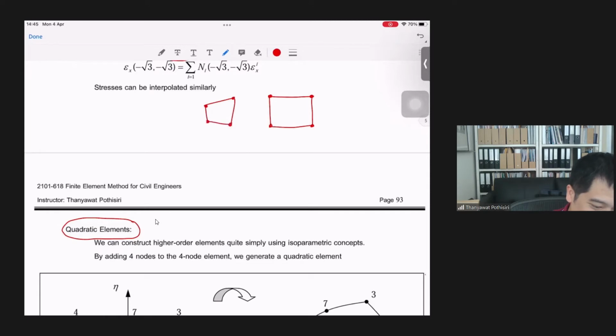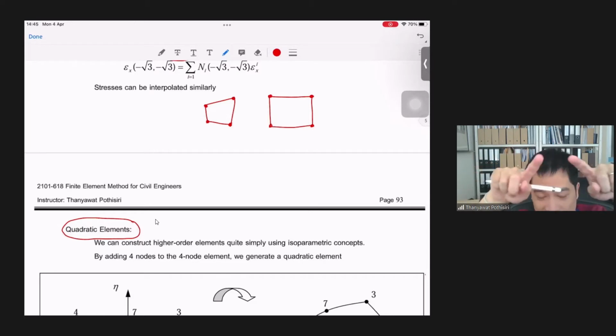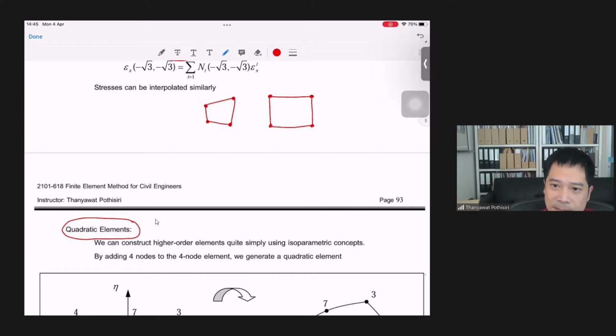Even though it can change in length or the angles between two edges can change, still the edge of the element must remain linear. Okay, that's the constraint of the 4-node element.